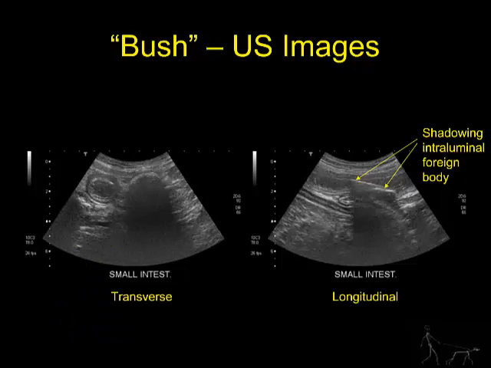When flipped longitudinally, the suspect intraluminal foreign object, seen previously on the transversely oriented image seen here on the left, now becomes linear as well as definitively intraluminal, suggesting that it is not gas and most likely is an intraluminal foreign object.